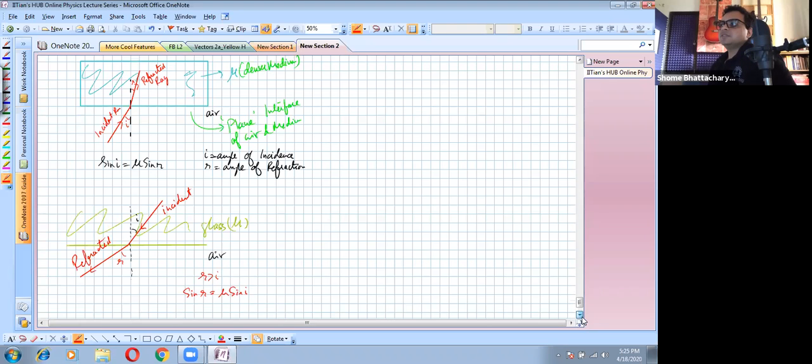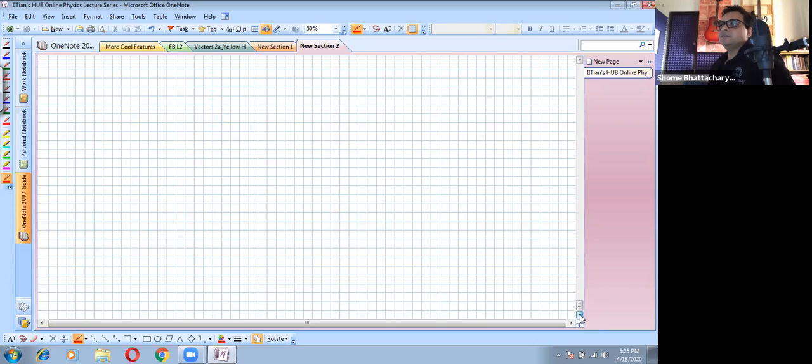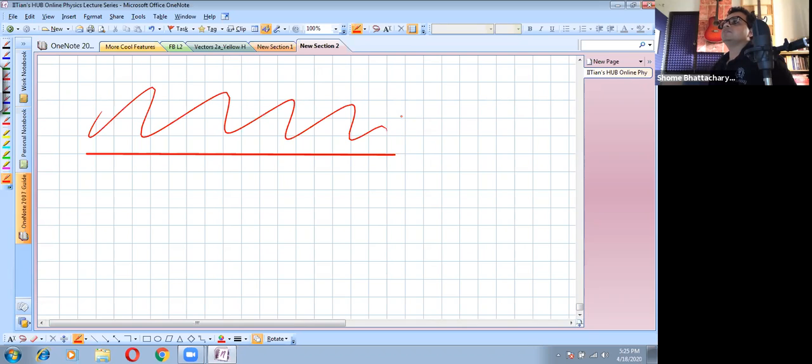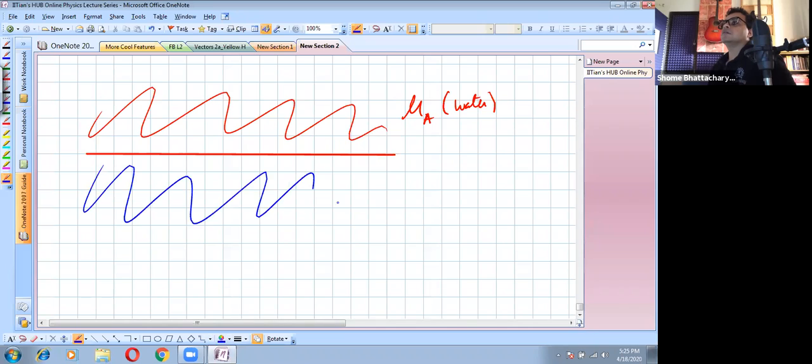Now, when we extend this principle to general media, instead of air and a denser medium, it becomes like this: we have the interface between one medium which has refractive index mu a, let's say this is water, and another medium below it which has refractive index mu b, let's say glass, and this is the plane surface.